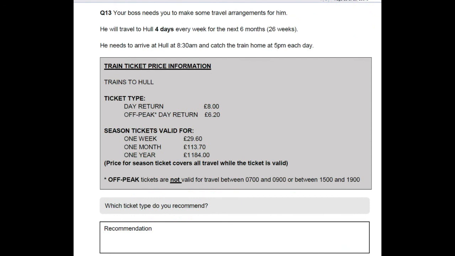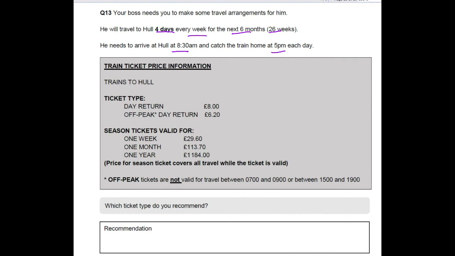Question 13. Your boss needs to make some travel arrangements for him. He will travel to Hull 4 days every week for the next 6 months. That's 26 weeks. He needs to arrive at Hull at 8:30 in the morning and catch the train home at 5 o'clock each day. And here's our train ticket price information below.